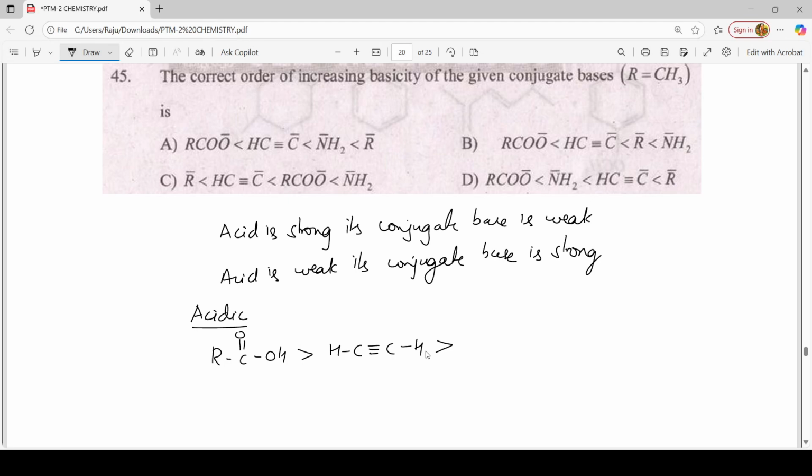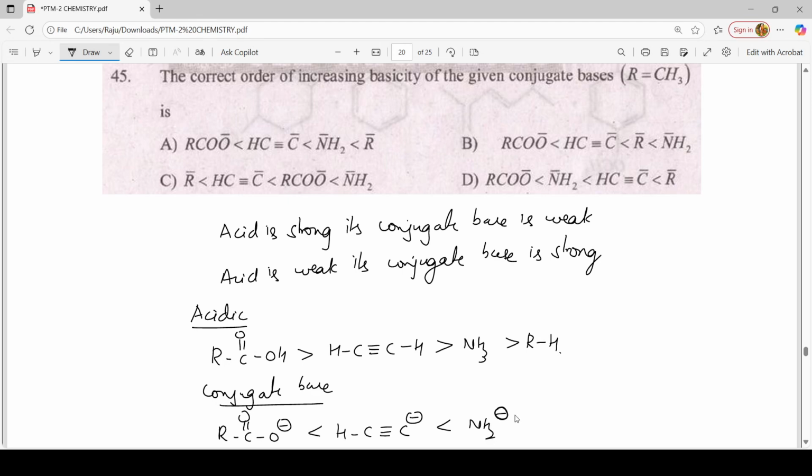This is more acidic than NH3. This is more acidic than alkane. Coming to the conjugate base, the carboxylate ion is the weakest conjugate base, weaker than the acetylenic carbanion, than NH2 minus, than R minus. So here in question 45, option A is the answer.